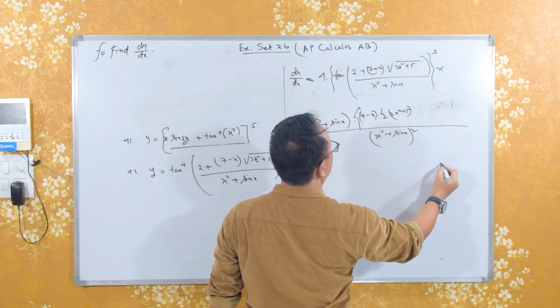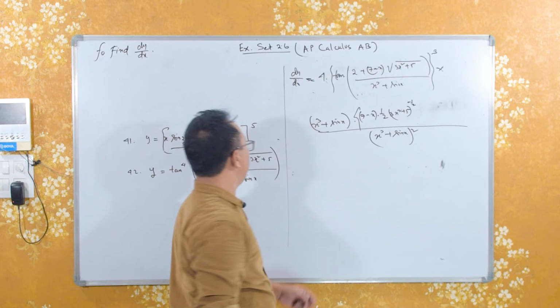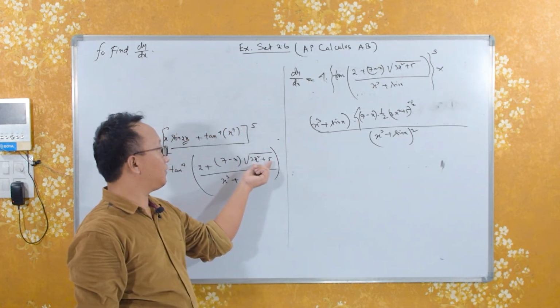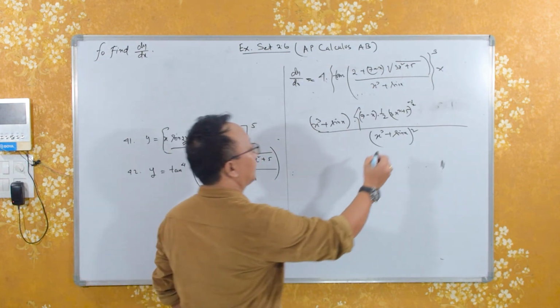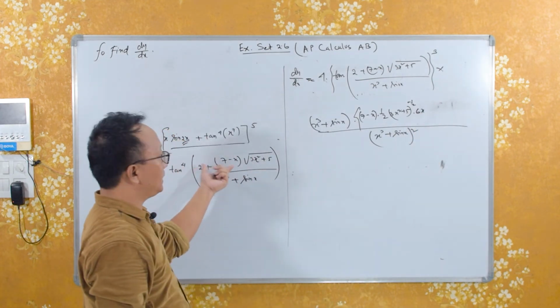Here n is minus half. Again d by dx of 3x square plus 5 is 6x. Now differentiation is over.